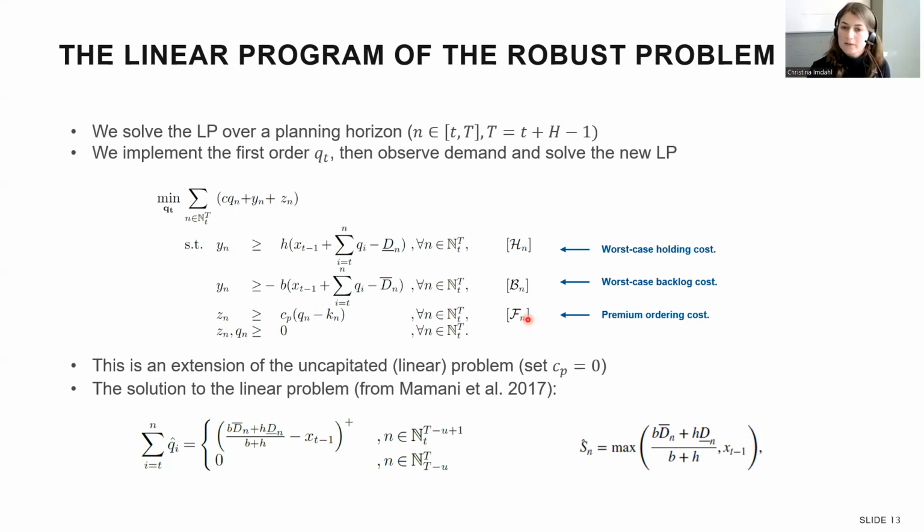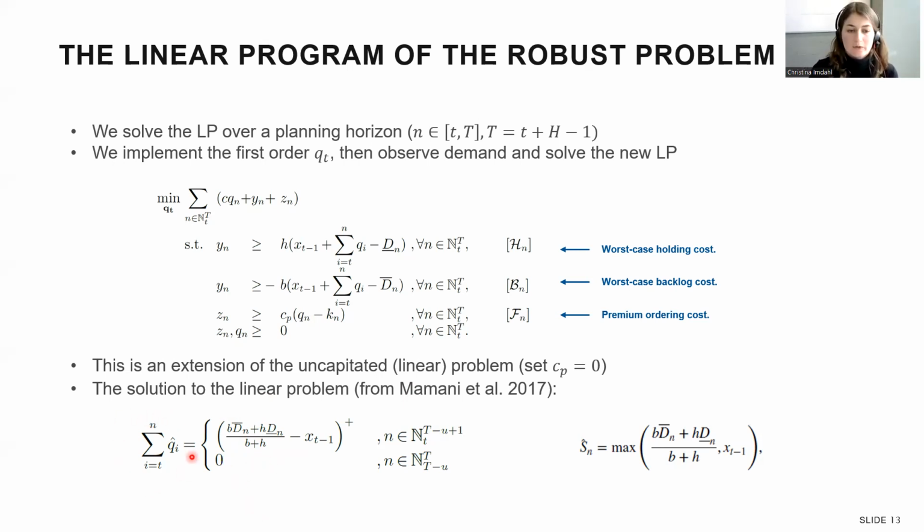So clearly the solution to the linear problem is also a feasible solution to our capacitated problem. The solution to the linear problem is known from Mamani et al. They derived that the robustly optimal solution for the linear or uncapacitated problem is given by a cumulative base stock policy.